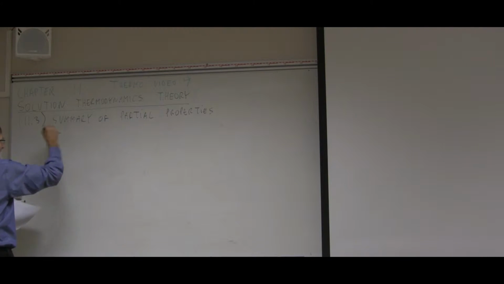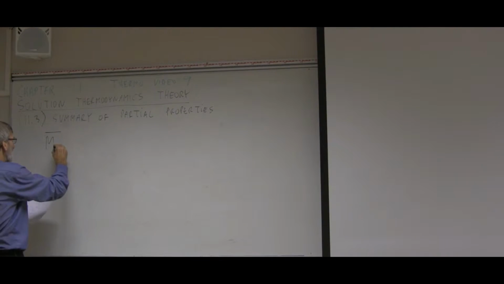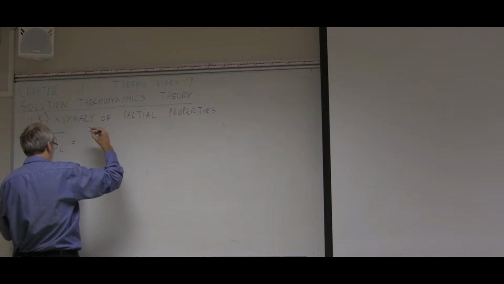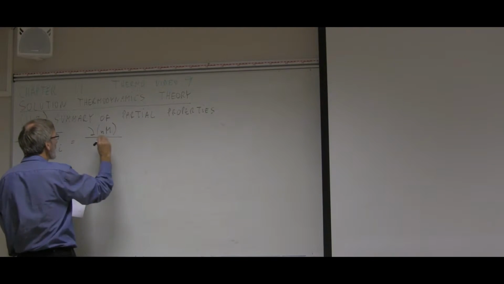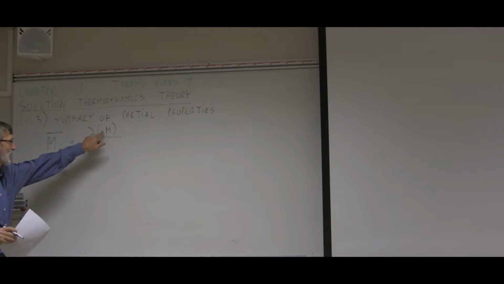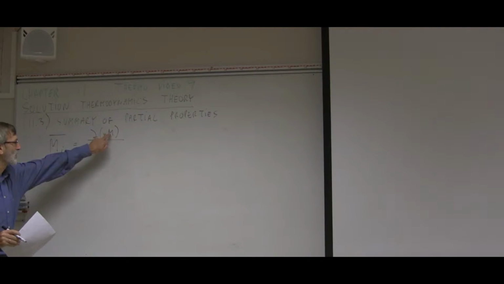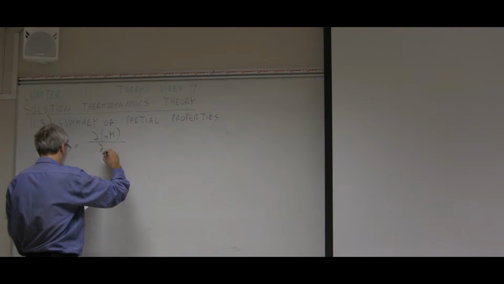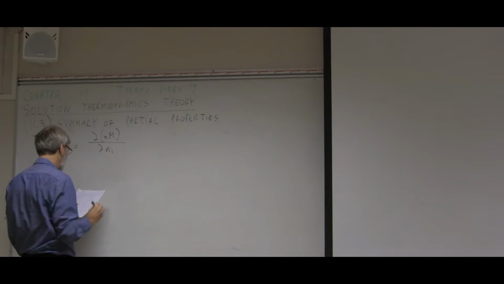The most important is to define the partial molar property, which is the derivative of the total property, which is the number of moles times the property, by Ni.